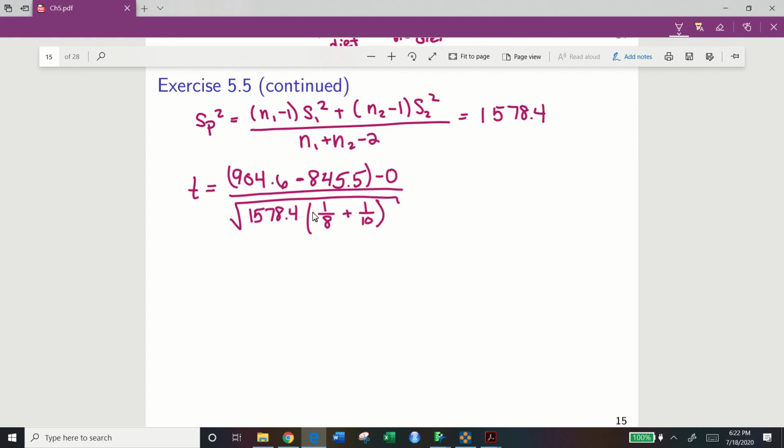At this point, we can plug into our calculators and we will get 3.14.